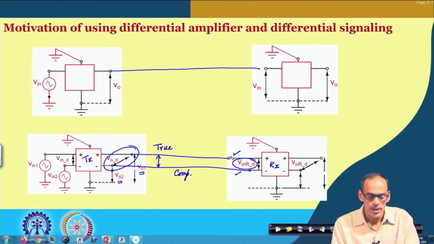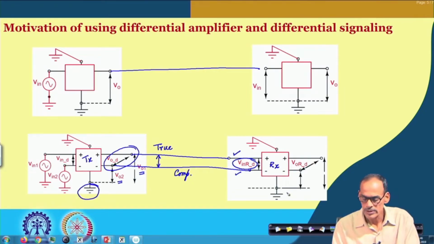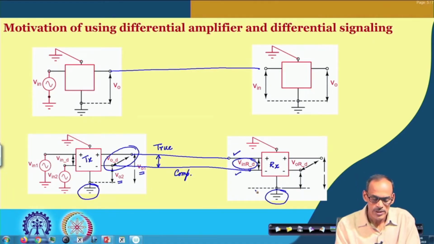Now, in case this ground and this ground have a difference, then VO1 and VO2 may have different voltages with respect to this ground.